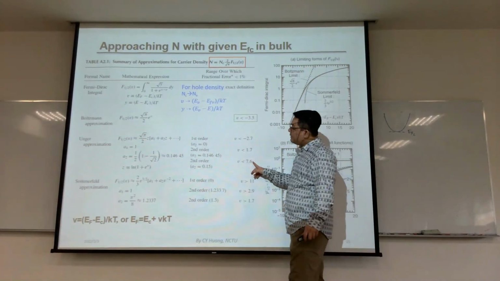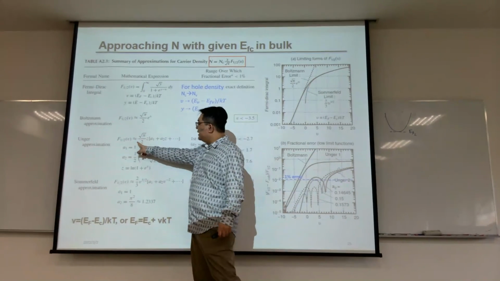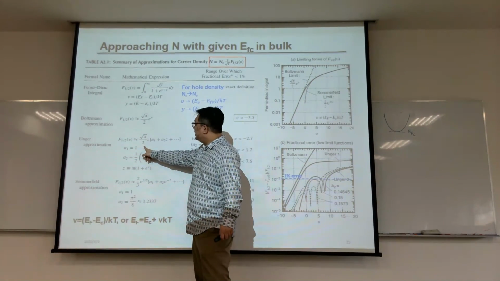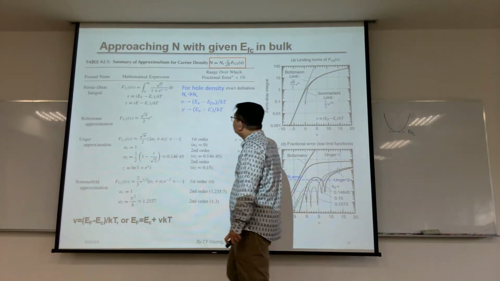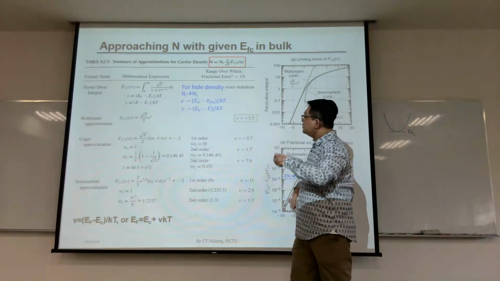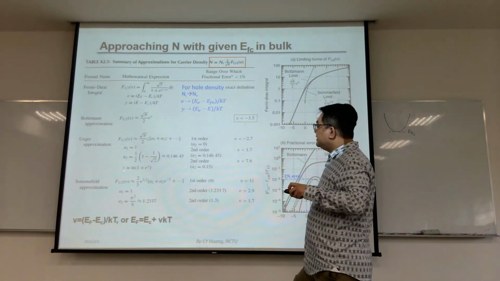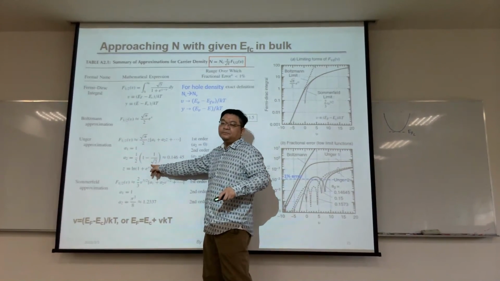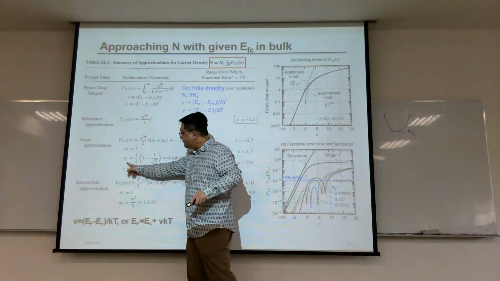With second order, that means you need to calculate the F of 1/2 with half of pi times e. And what is c? We have a z here. Okay, z is here. Z is 1 plus mu. So you calculate the z first.